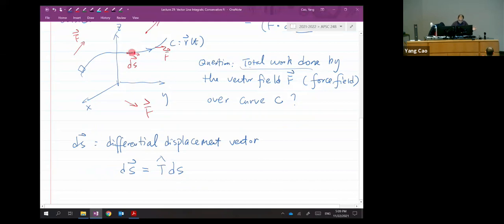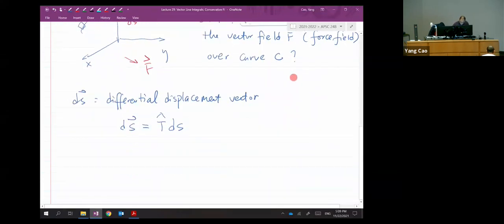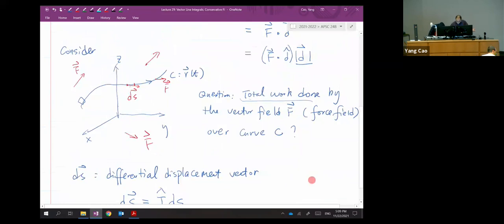Within that small displacement, I can consider the force field is not changing. It's a constant force field, from here to here. So then I can calculate the small amount of work done over that ds, according to the formula we have derived.